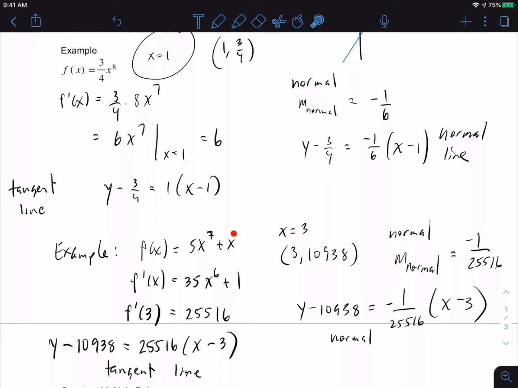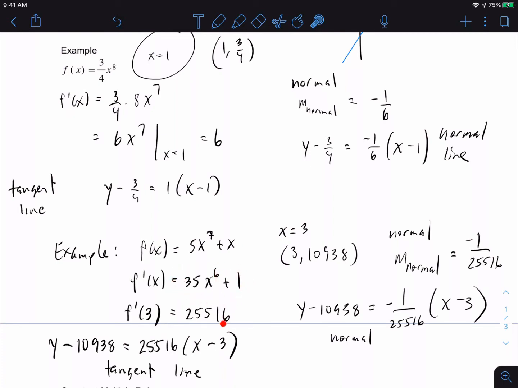Well, what's the derivative of x? It's 1. That's why there's a derivative symbol there. So I went 5 times 7, and then I took a power away, making x to the 6th. The derivative of x becomes 1. So this is the derivative.